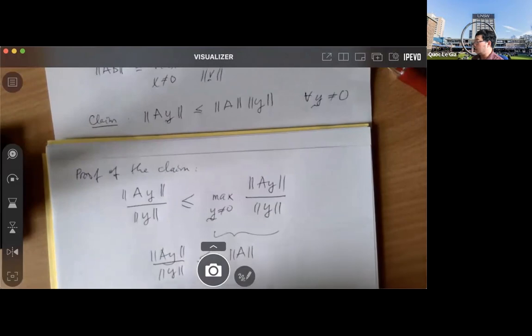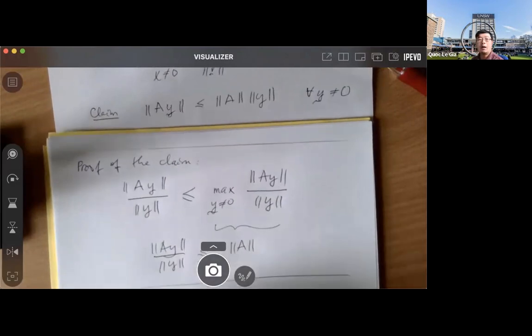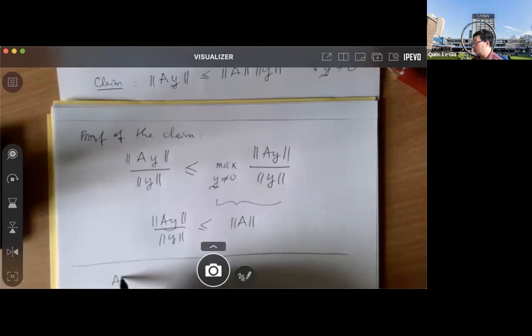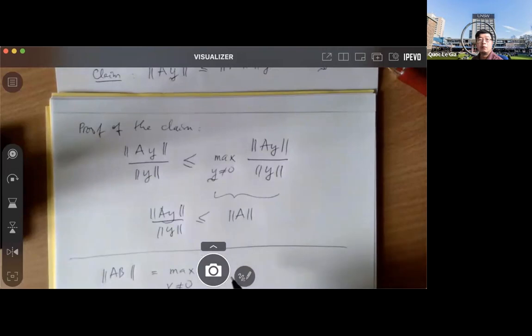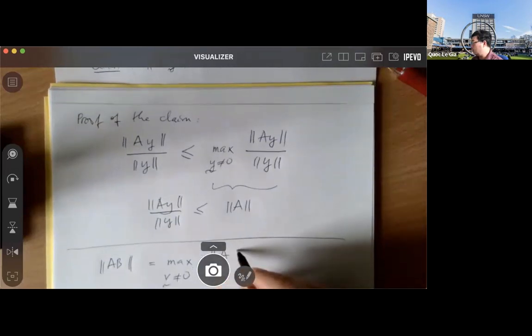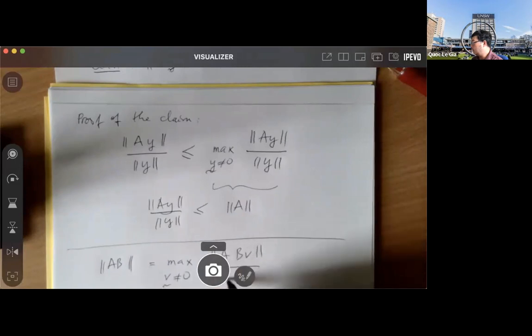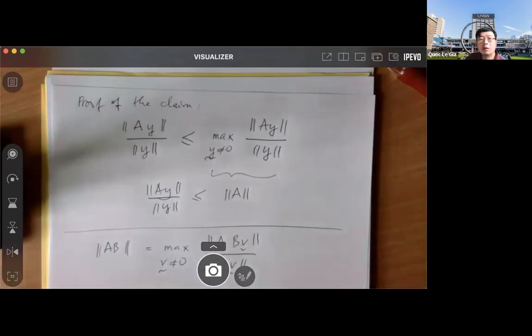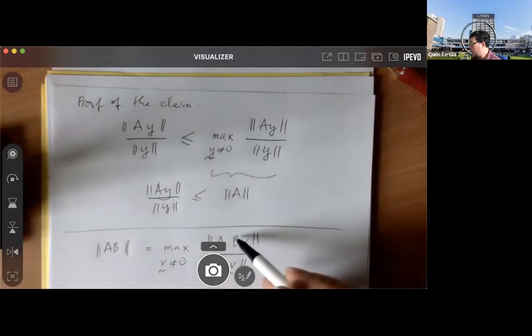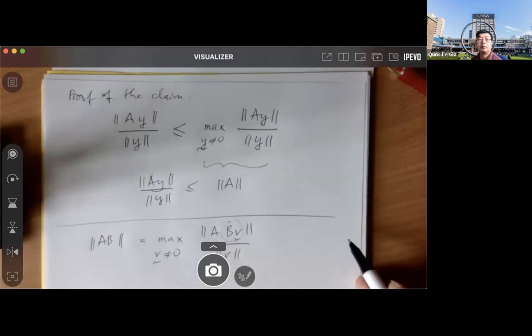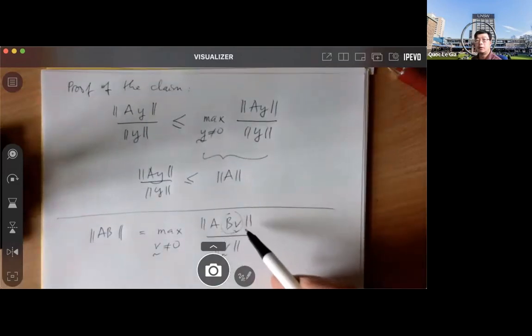So we stop here. Now go back to the proof. Now I have the norm of AB, which is the max over non-zero V of the norm of ABV over the norm of V. But now I apply the claim for this vector Y. I label BV to be the vector Y. Remember, B is a matrix multiplied by a vector, giving you a vector.